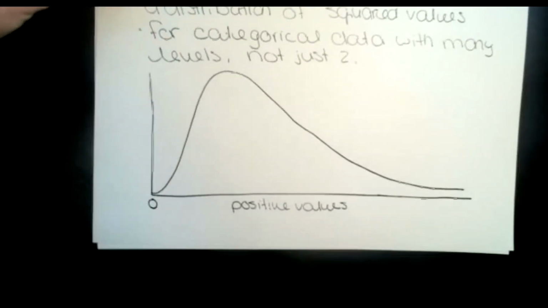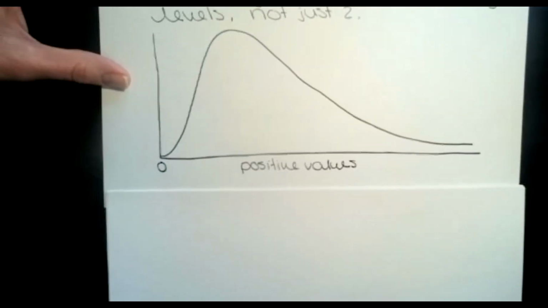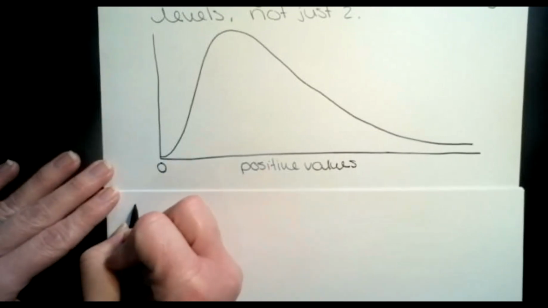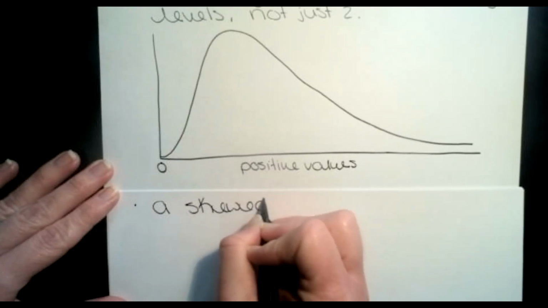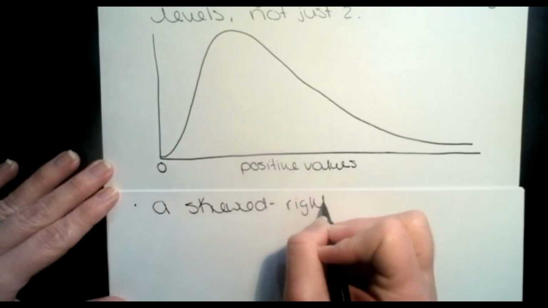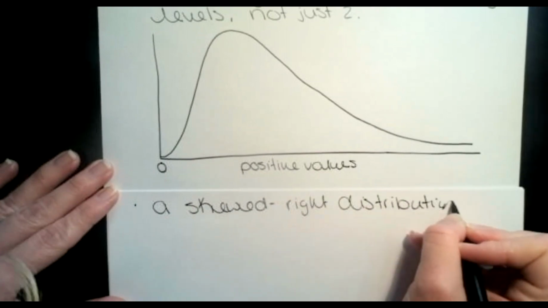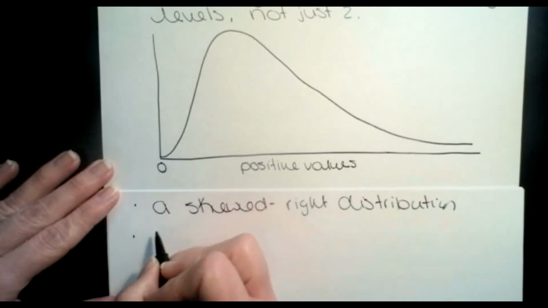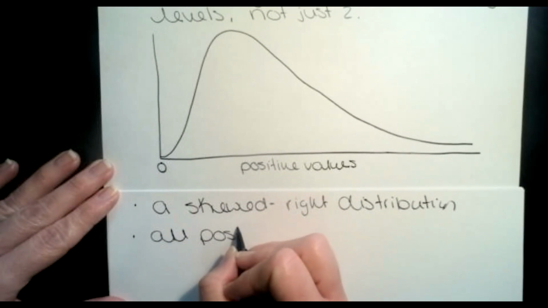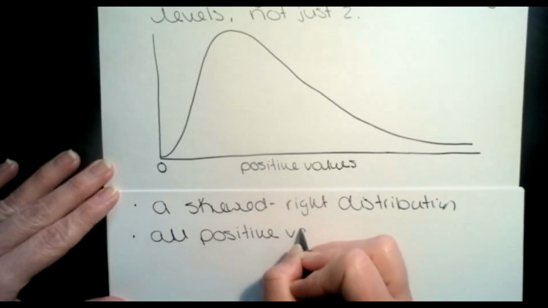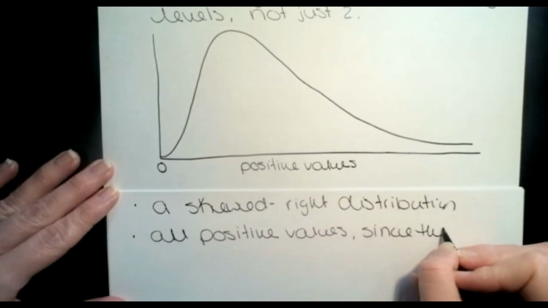So let me write down these characteristics of this distribution. I will shift my paper just a little bit so we can see it. So this is a skewed right distribution. It's all positive values, since they are squared.